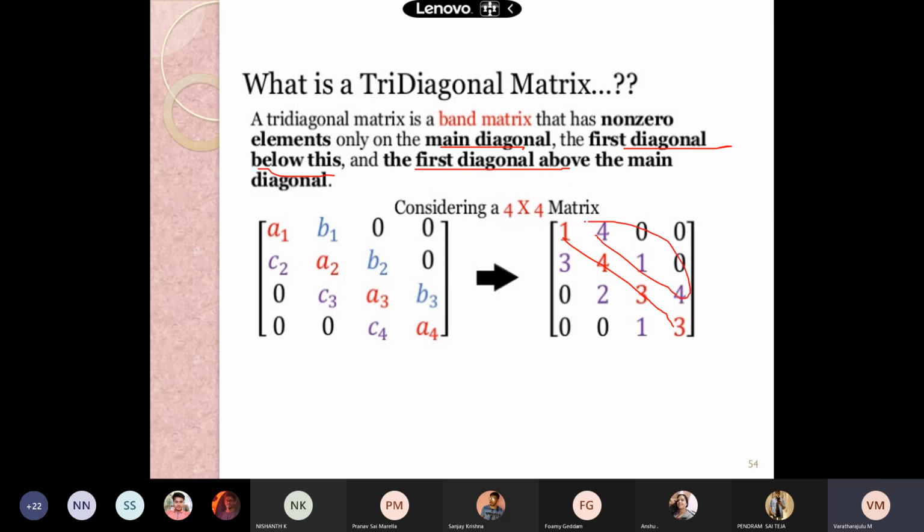A matrix which has non-zero terms in the main diagonal, super diagonal and sub diagonal, with the number of super diagonals and sub diagonals each equal to 1, is called a tri-diagonal matrix.